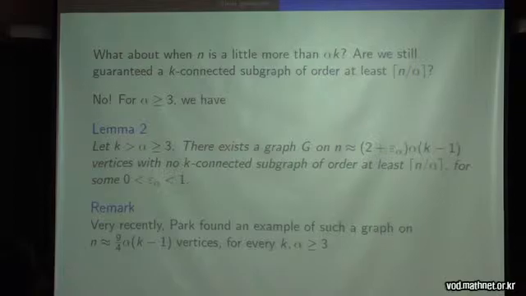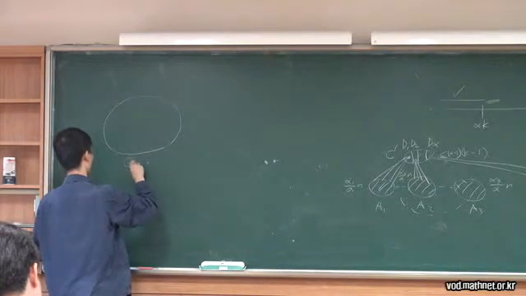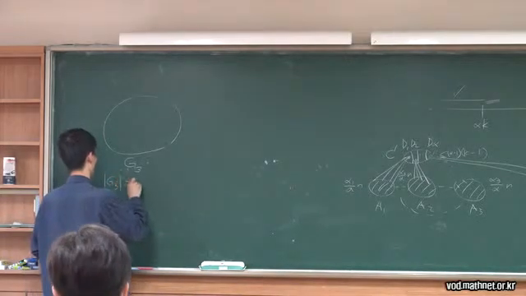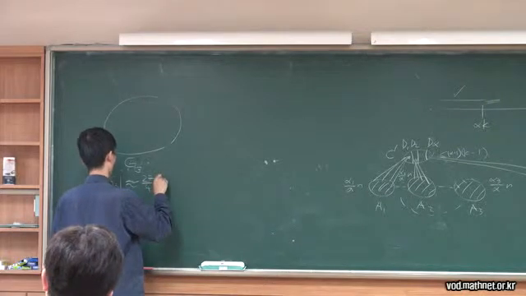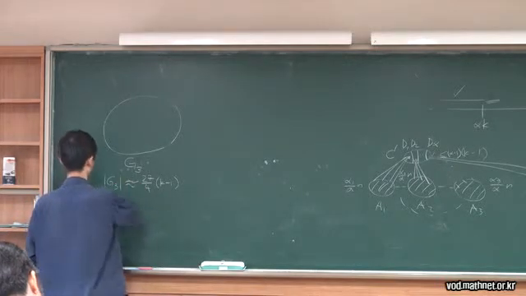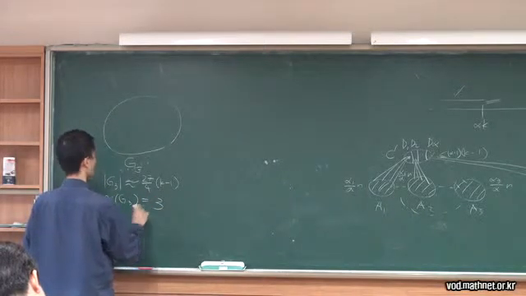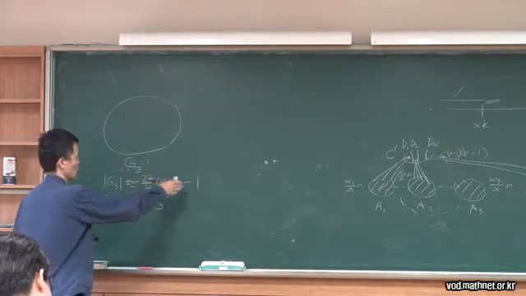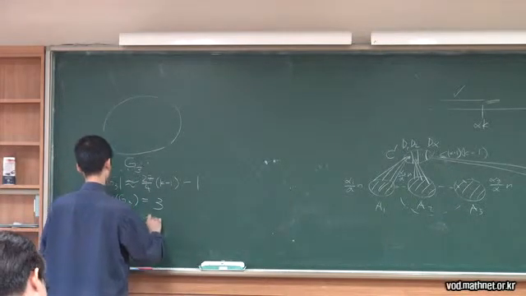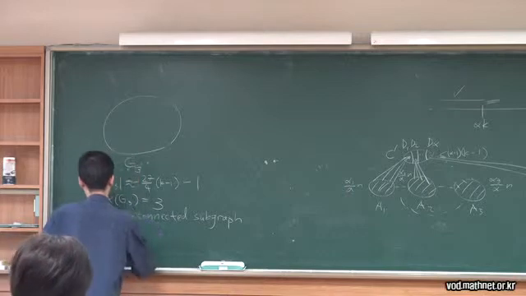So what she did was, if alpha is 3, we have a G3 with roughly 27 over 4 k minus 1 vertices, and this independence number is 3, and no k-connected subgraph on one less than this value.